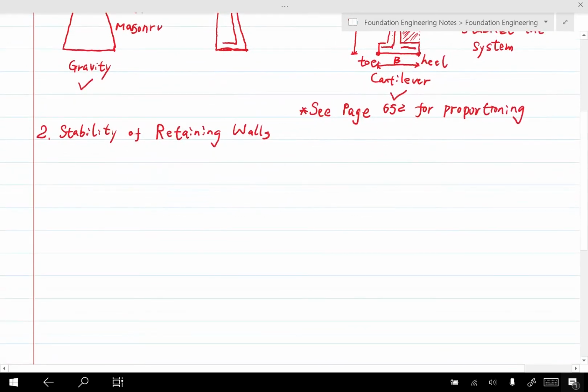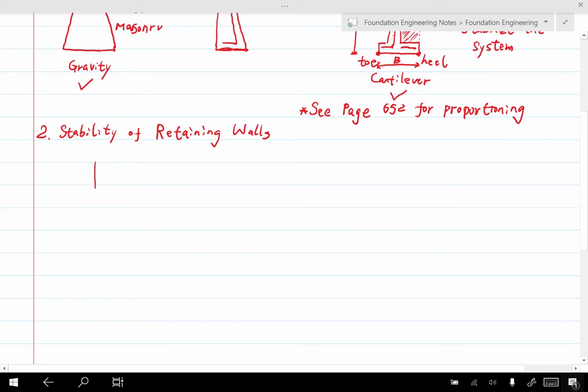So the retaining walls or other types of earth retaining structures, they can fail in different ways. So we call these different types of failures or different failure modes. There are 4 that we need to know about. The first one is sliding.